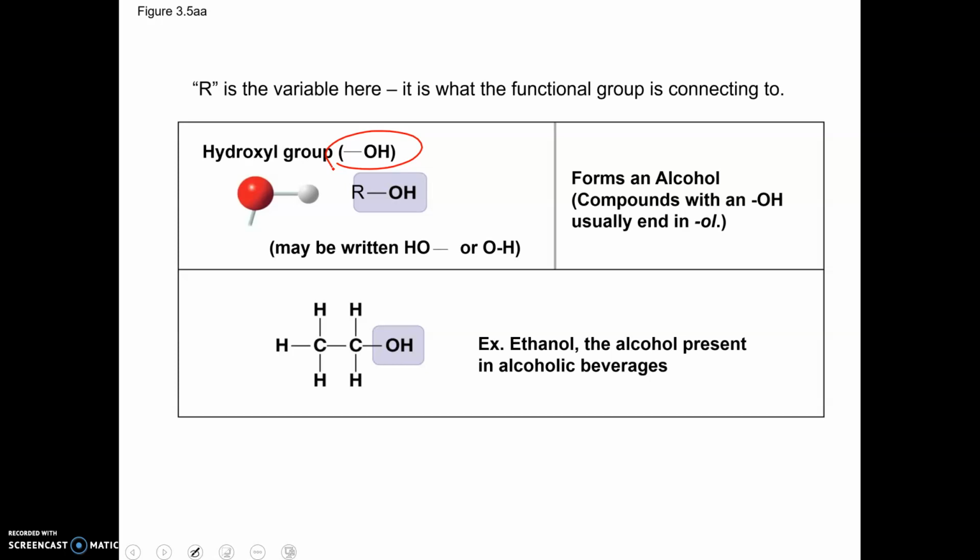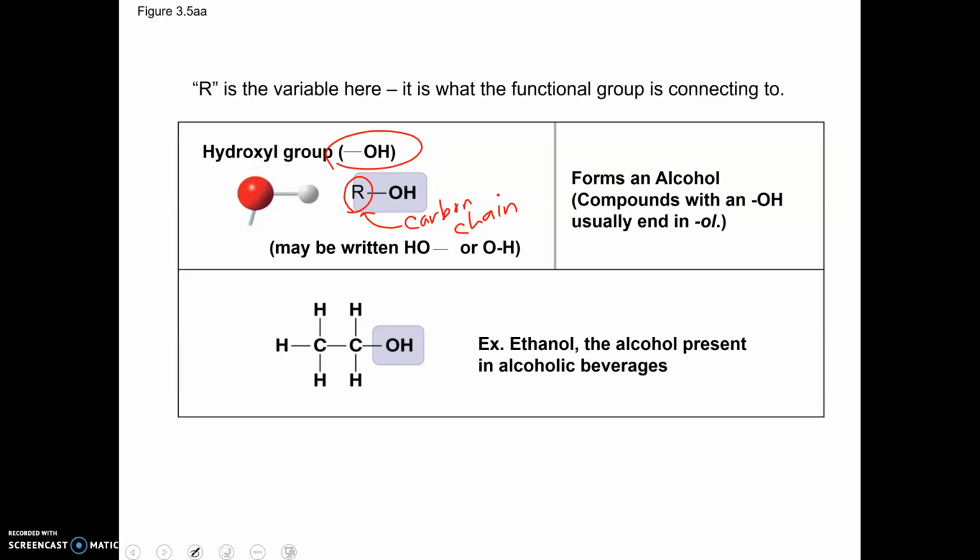And we use the letter R in organic chemistry to represent the variable that it's connecting to. So this is some kind of carbon chain. It could be a carbon with 3 hydrogens, it could be a chain of carbons, it could be a ring of carbons, but it's definitely going to be a carbon and then some other things connected to that carbon. So you're going to see this letter R pop up in all of these functional groups, and I just wanted to clarify that.